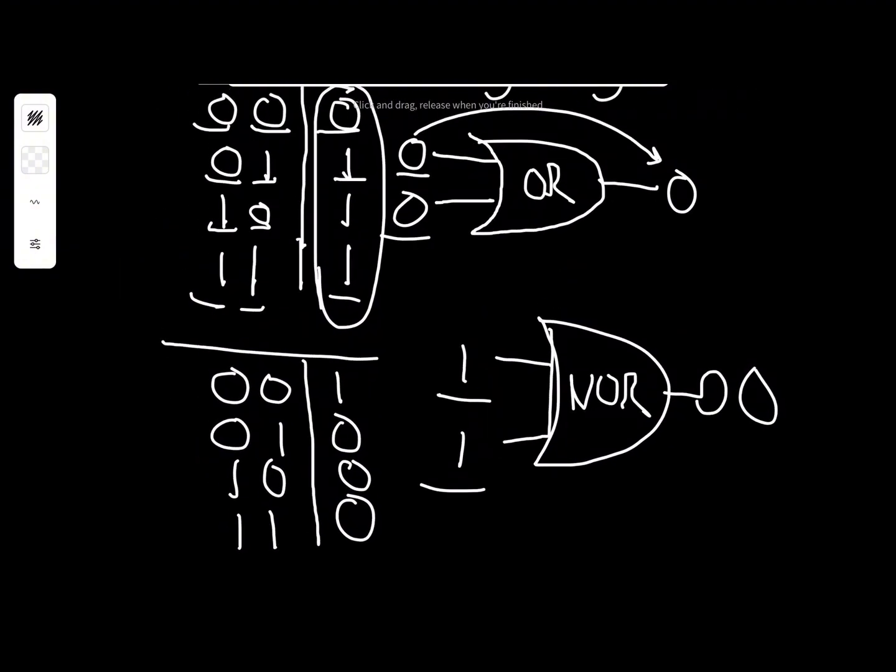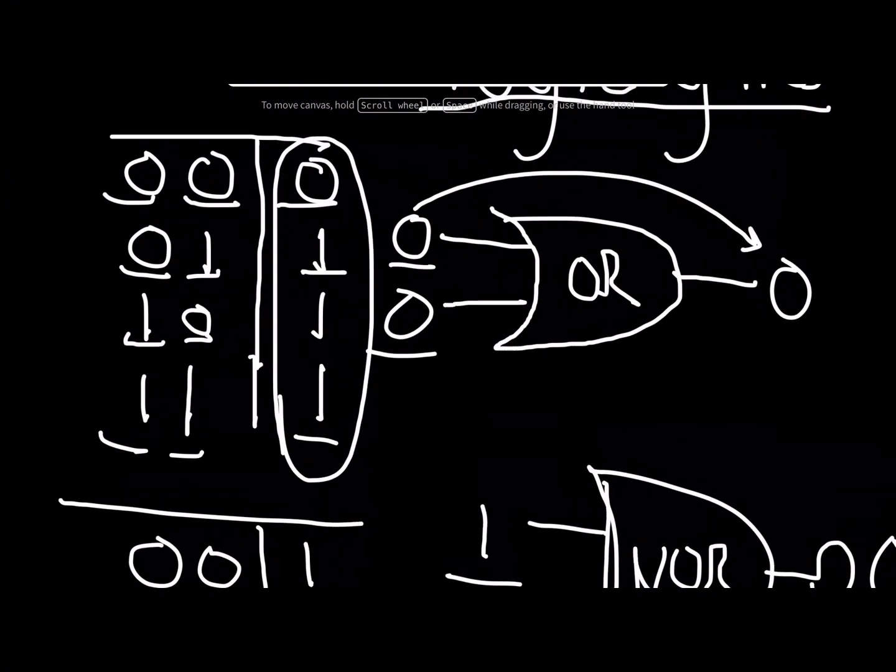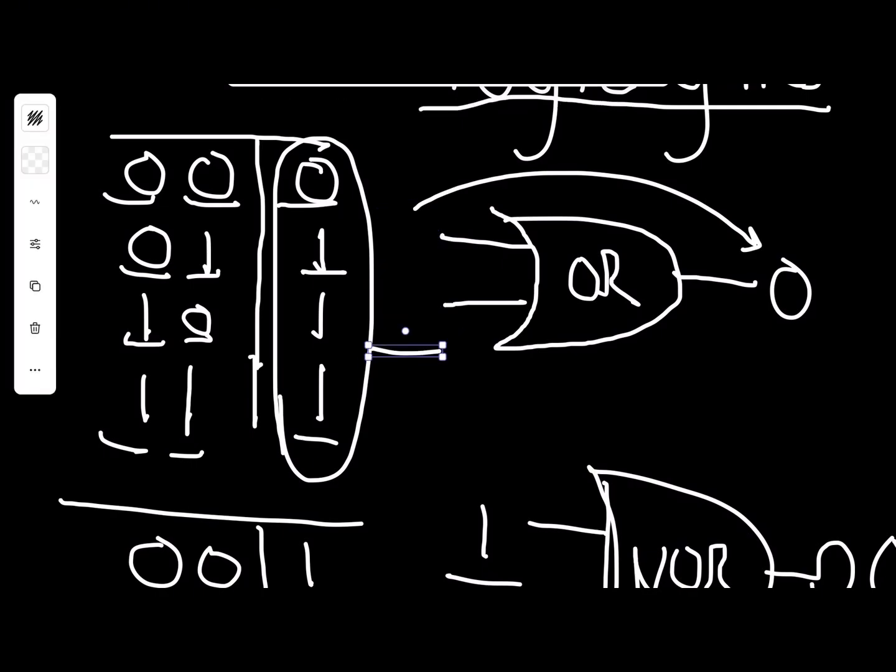So now we've covered that the NOR gate is opposite of the OR gate. And that means that if we input, this has similar properties to the AND gate. So if we put both, let me get rid of that, a 1 into 1, we're going to get 0.